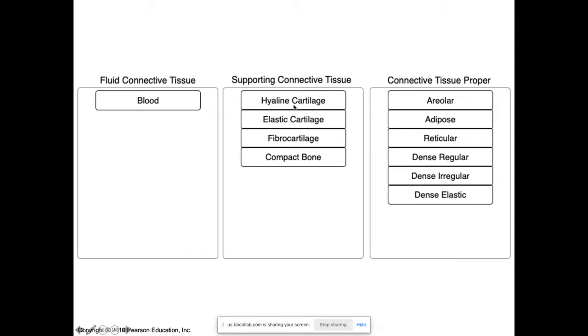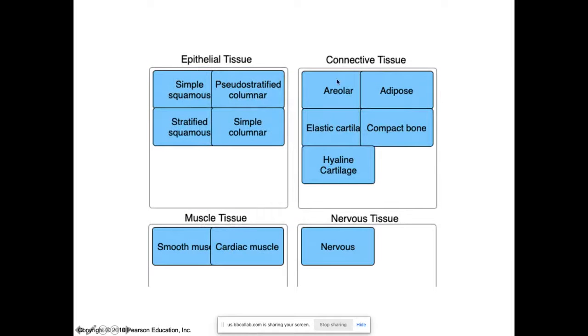And hyaline is where your diarthrodial joints are, which are your freely movable joints. It's also known as articular cartilage because it's where 2 bones articulate. And then there's fluid connective tissue like blood and lymph. Okay, so just different ways to help you organize these things. Again, other ways of trying to categorize them in your head.